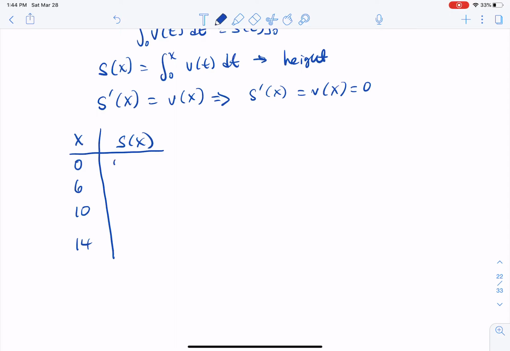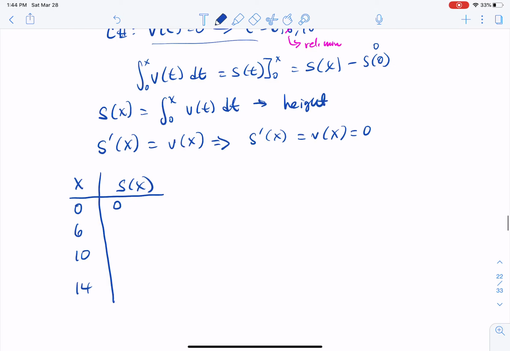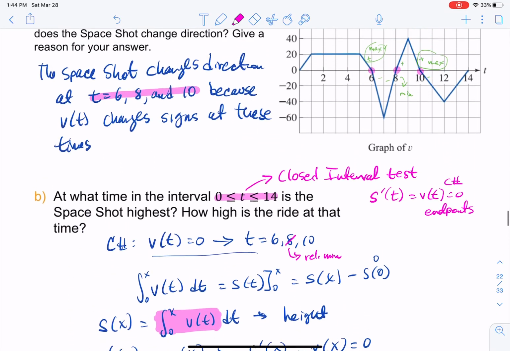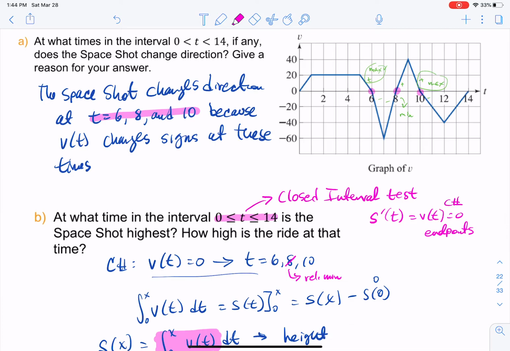So it starts here on the ground, and we need to plug each of these back into our position function, which means we're going to have to take a definite integral of the velocity function. Since I don't have an actual function to do that with, I have to use the area on the graph that was given to us in this particular problem.